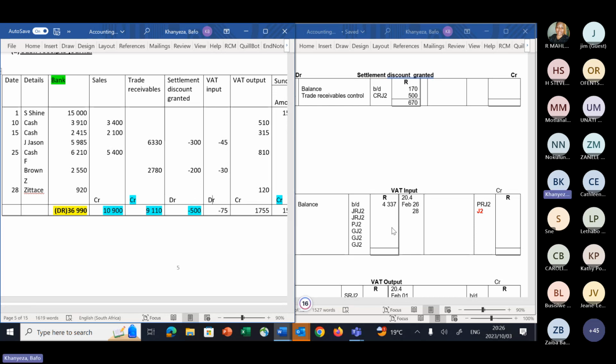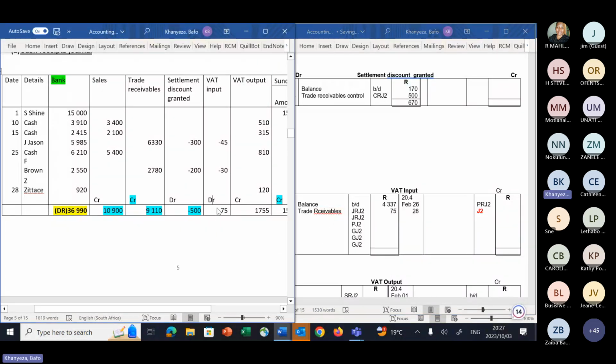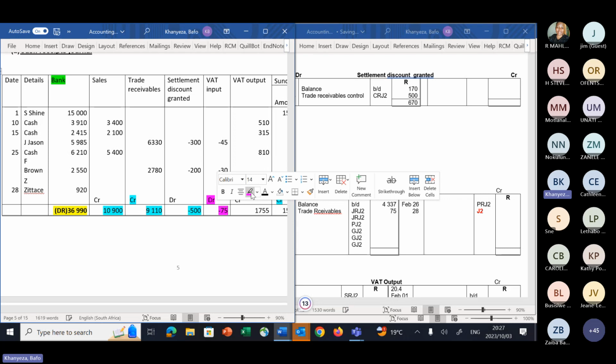Its contra account is gonna be trade receivables because it reduced trade receivables with 75. It's this one that you are debiting, this VAT input. So we're dealing with VAT input in the meantime.